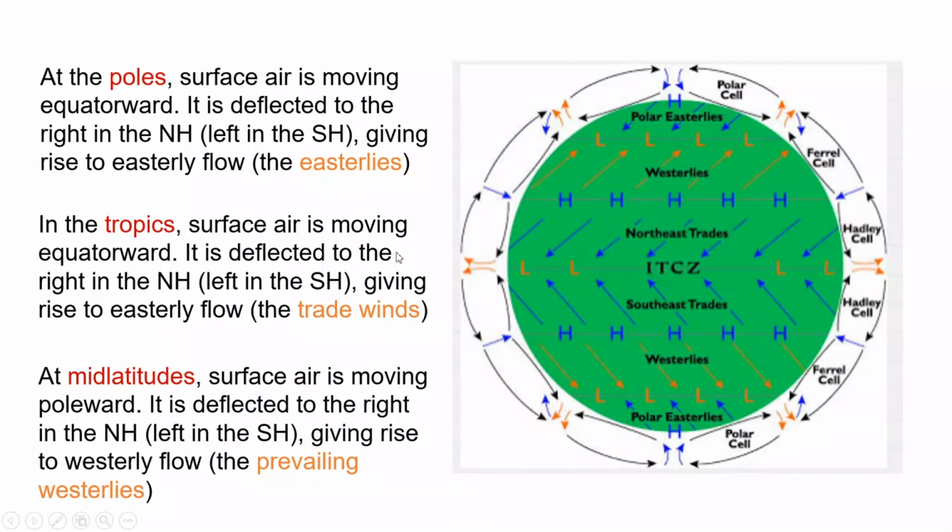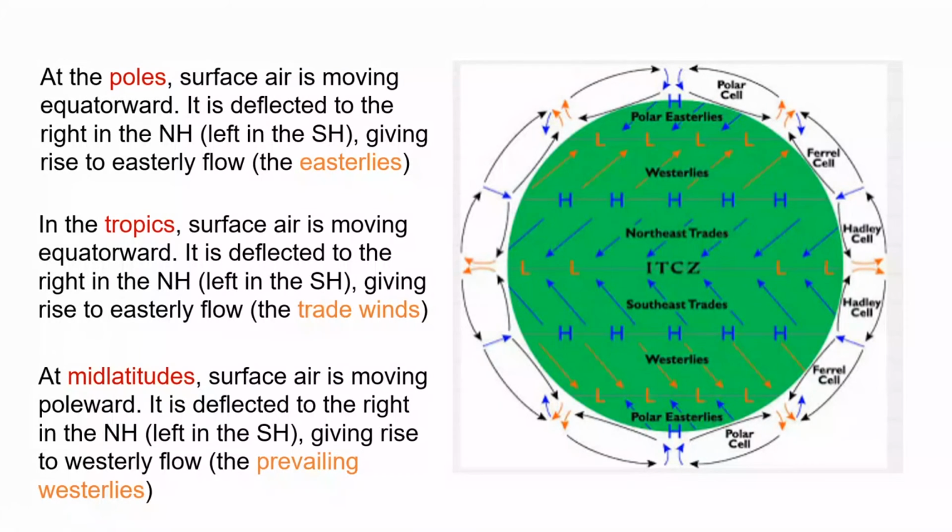Similarly, due to these Coriolis forces, as well as the broken up Hadley cells, there are winds that flow in different directions. They are classified as easterlies, westerlies, and trade winds. You see near the poles, the wind is blowing towards the equator.